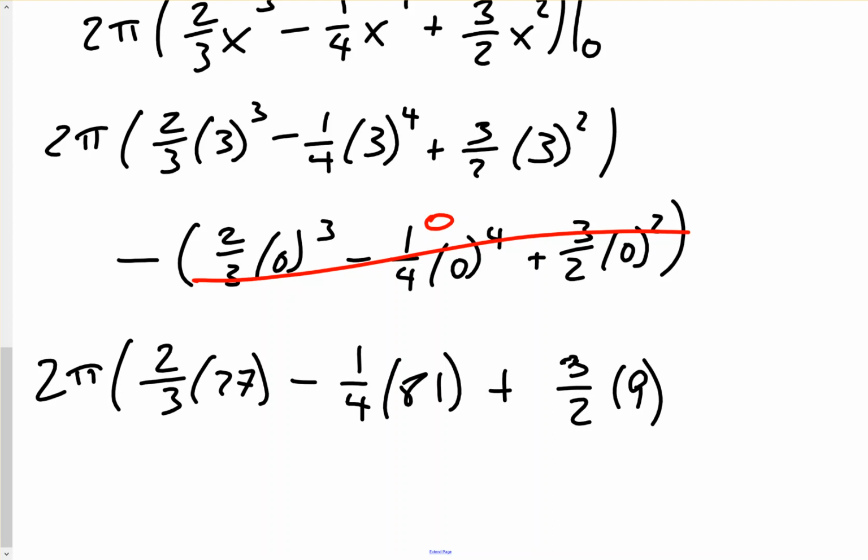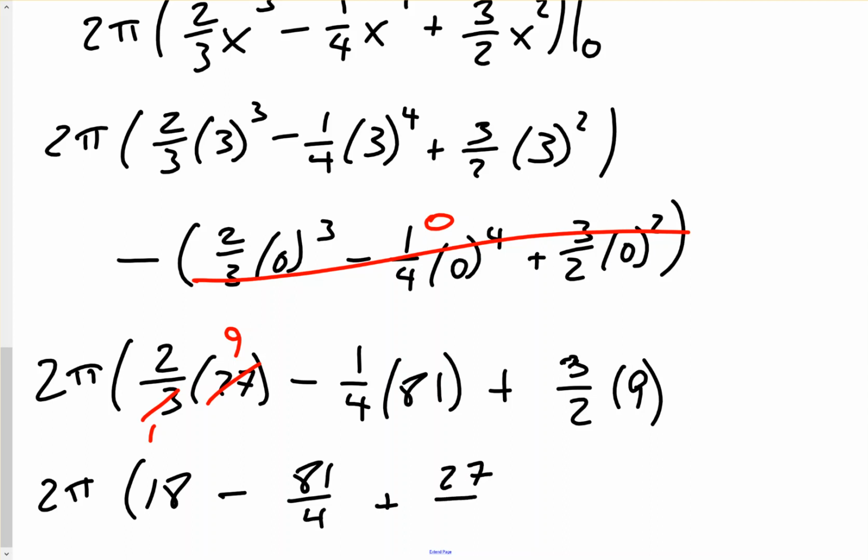Okay, so next, if we cross cancel between the 3 and 27, 3 divided by 3 is 1, 27 divided by 3 is 9, so we have 2 times 9 is 18. Minus 81 over 4 plus 3 times 9 is 27, 27 over 2.